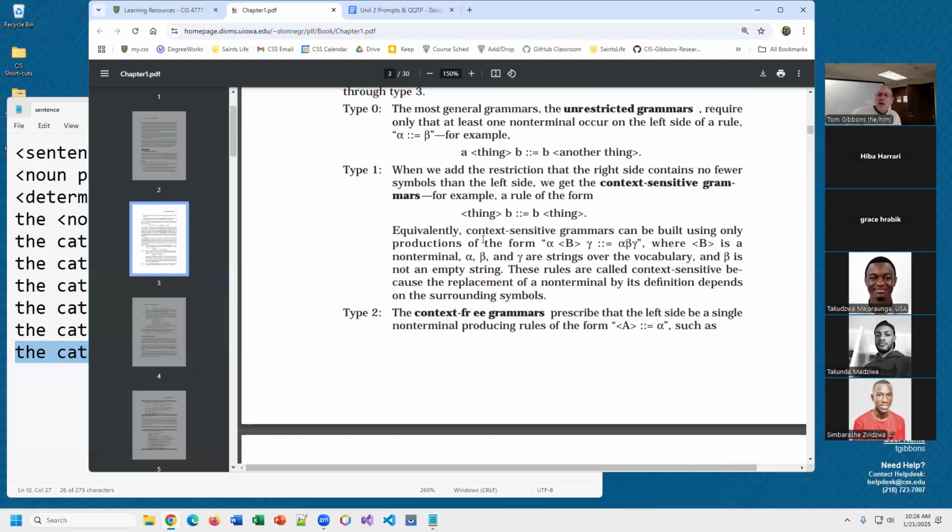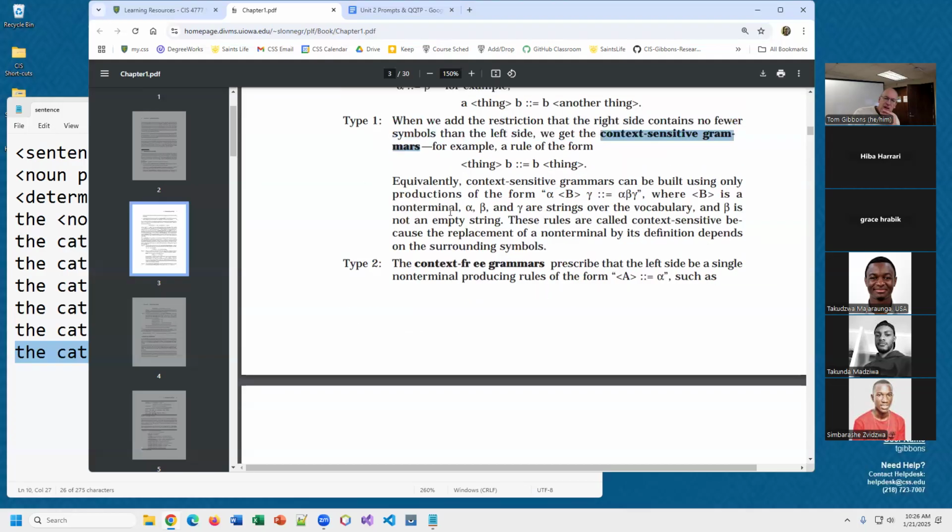If the right side has to have more symbols than the left side, meaning that we can't get rid of terminals or non-terminals this way, then in this case we have a non-terminal and a terminal B, and we're saying we can replace that with a non-terminal and two terminals, a B and a period. So then we're getting to what we call context-sensitive grammars here.